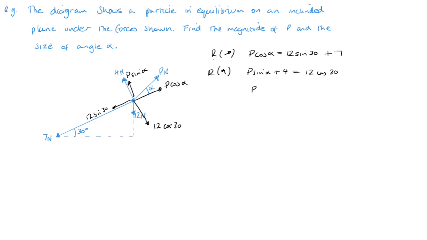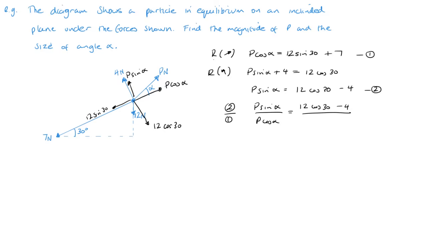Now, if I rearrange this second equation to take the 4 to the other side, then what I've got is equation 1 and equation 2. And 2 divided by 1 will get rid of my P's. So P sine alpha over P cos alpha is 12 cos 30 minus 4 over 12 sine 30 plus 7.